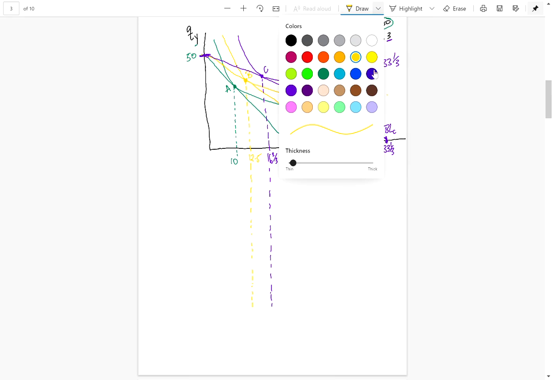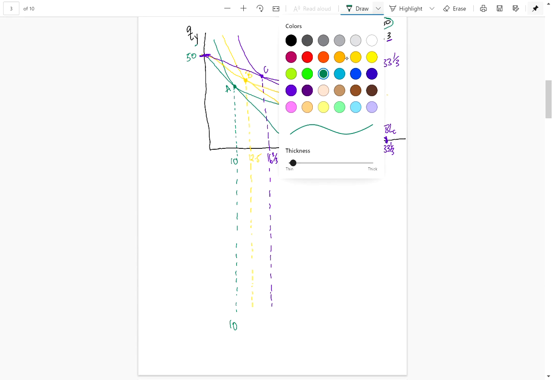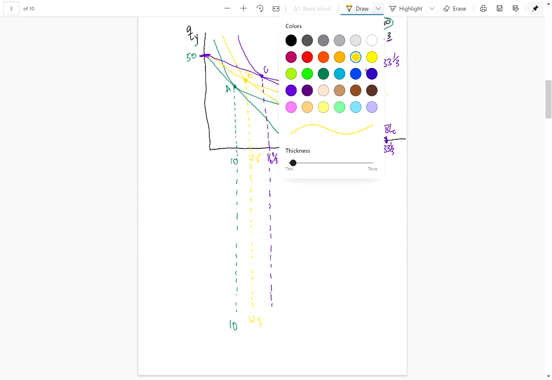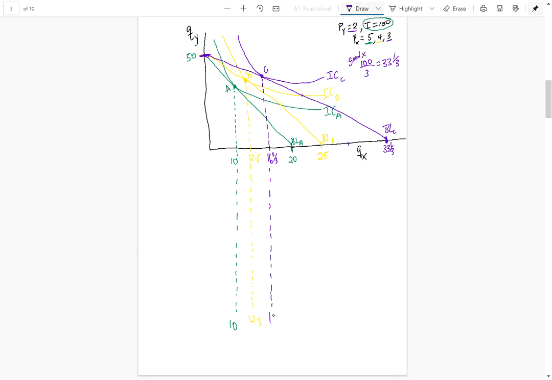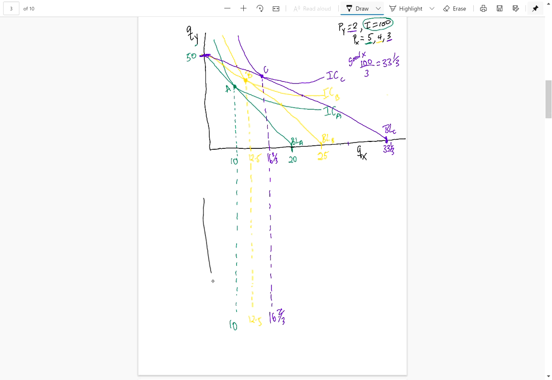Life is good. So now we have 10. And this is 10. This is 12.5. This is 16.67 or 16 2/3. Let's draw this new area.